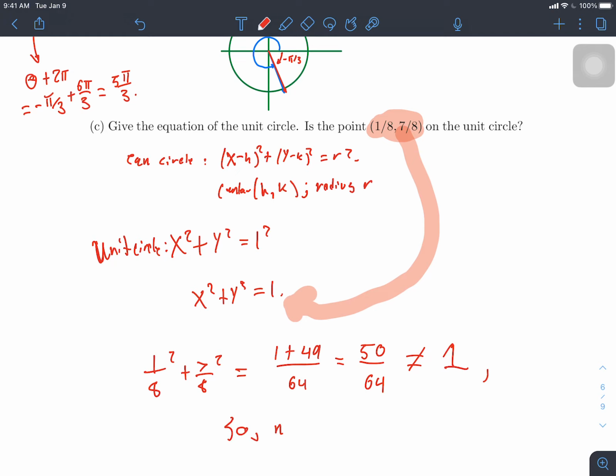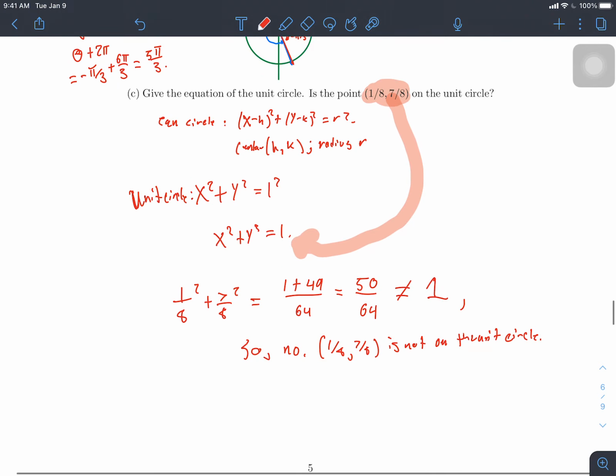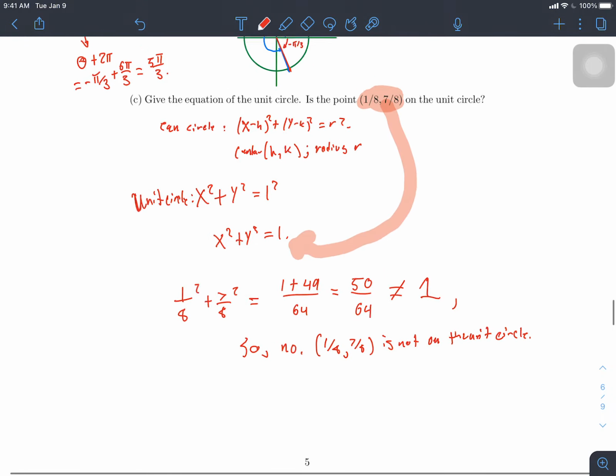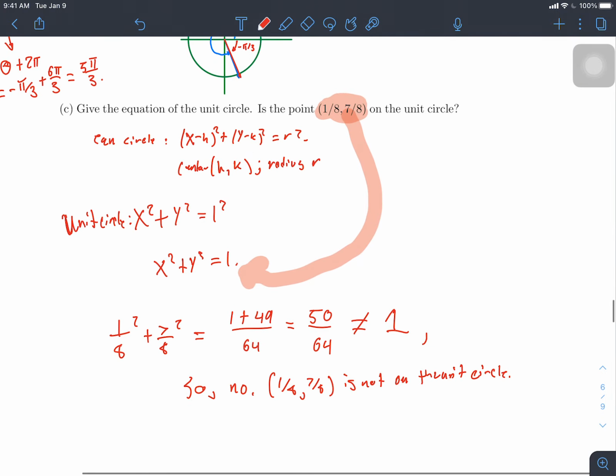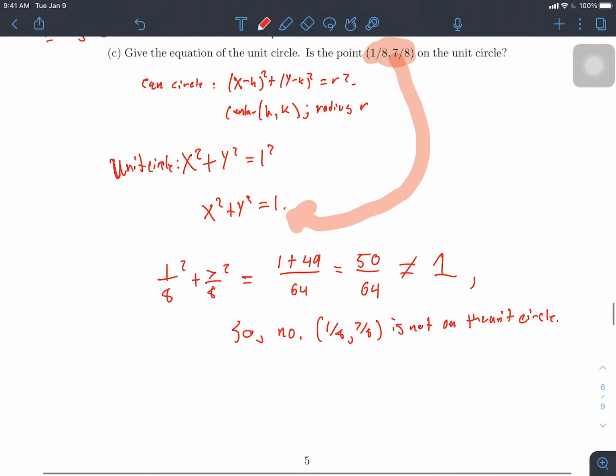So no, 1/8 comma 7/8 is not on the unit circle. Okay? All right. So that's just checking whether you know what the equation of the unit circle is and how to use it.